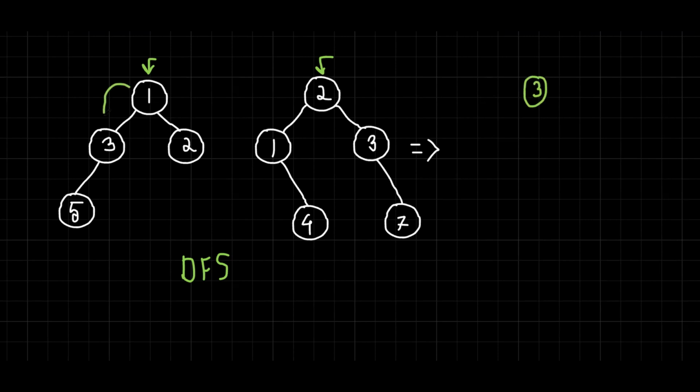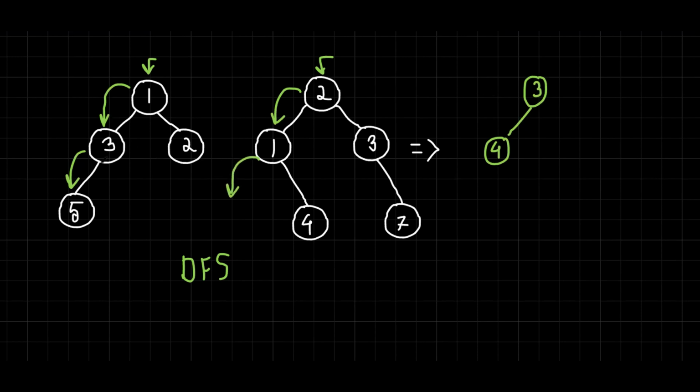Now the DFS call will go to the left subtree for both 1 and 2. Now again, it has the nodes 3 and 1. So this left will be 3 plus 1, which is 4. Now from 3, the call will go again to its left subtree, and from 1, the call will go again to its left subtree.